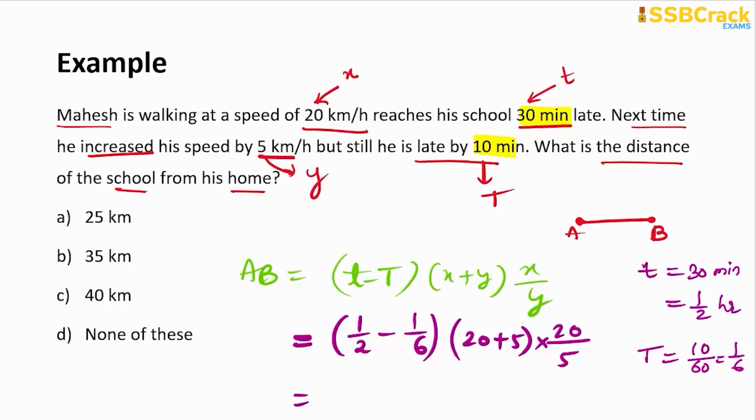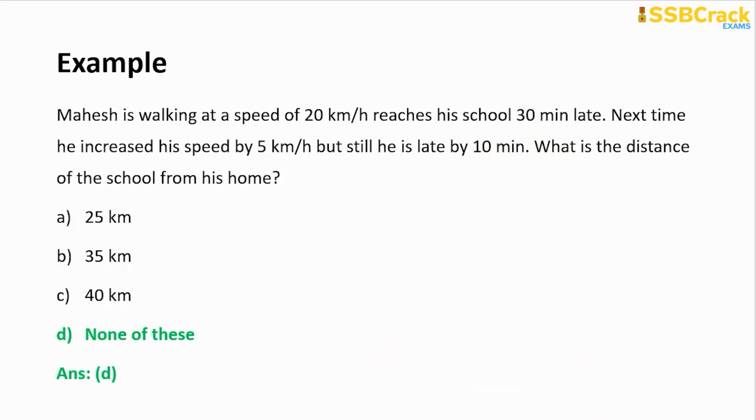So simplifying, you could see that this is going to give you 1/3 into 25 into 4, which is nothing but 100 upon 3, which is approximately the mixed fraction 33 1/3. Alright, but that is not the answer provided to us, and hence the answer has to be none of these. And as you notice here, the correct choice for this particular question becomes option D.